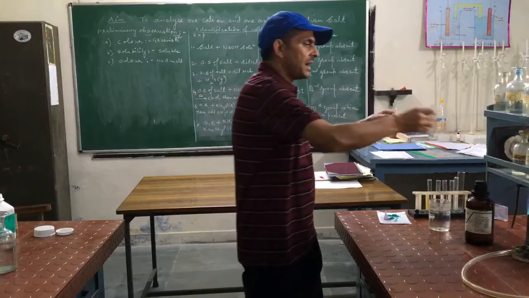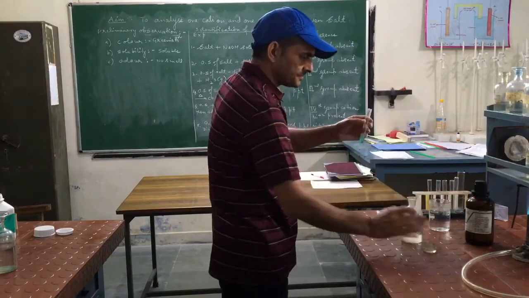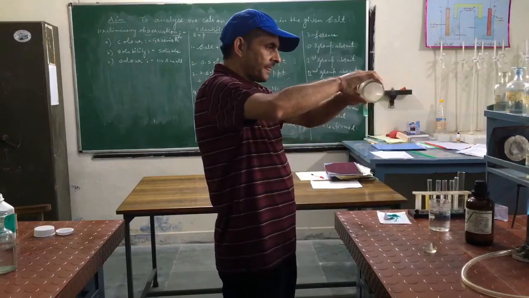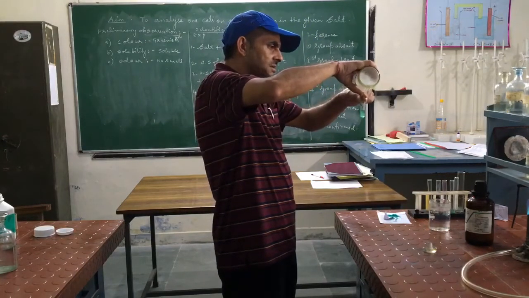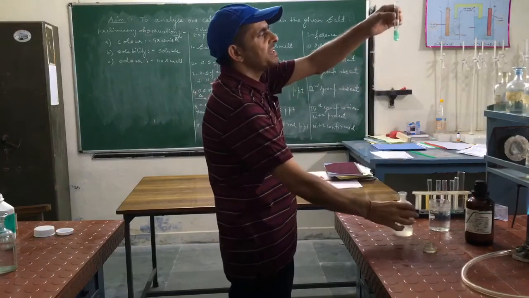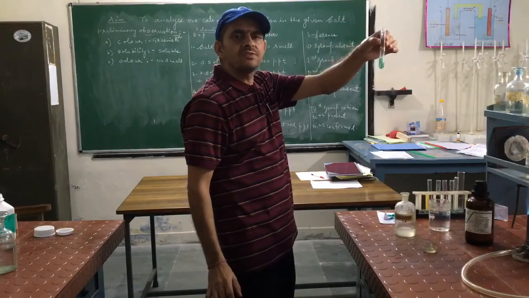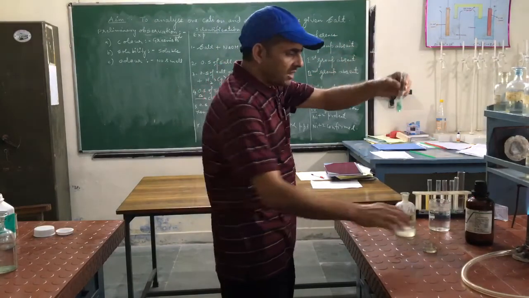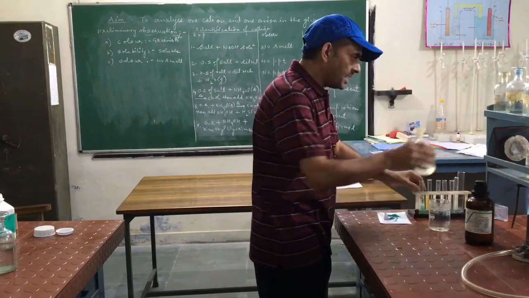Now to this I am going to add barium chloride. On adding barium chloride you will get a white precipitate. You see there is a white PPT formed. This white PPT shows the presence of sulfate ion. Now let us confirm sulfate ion by lead acetate test.